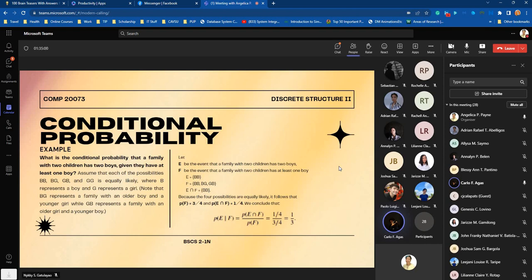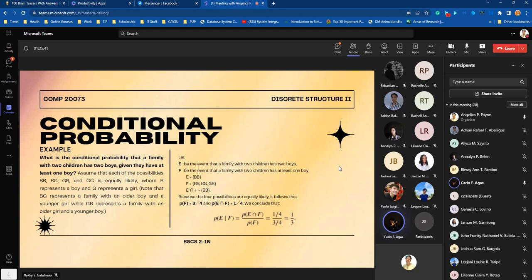Merong iisang laman na boy-boy dun sa first na sample space, first na probability event natin. Nasa sample space natin meron 3: boy-boy, boy-girl, at girl-boy. So kung makikita natin yung intersection nila, yung similarity nila is yung boy-boy. So maiisip natin na yung kailangan natin dito sa equation na to, yung E intersection F tsaka yung F ay yung 3/4 for sample space, kasi meron nga tayong dalawang probability.